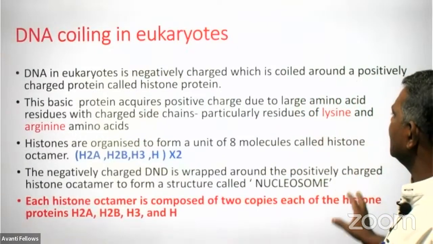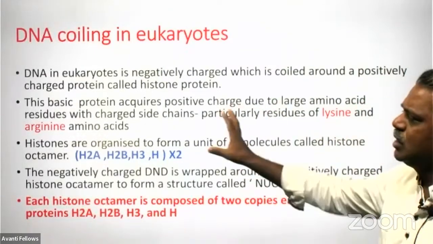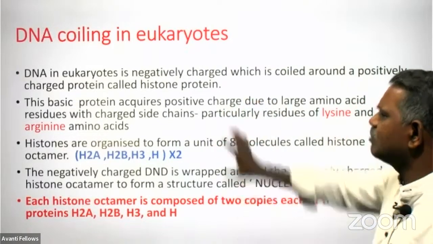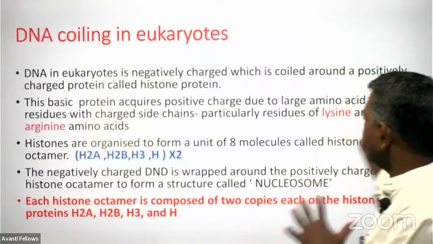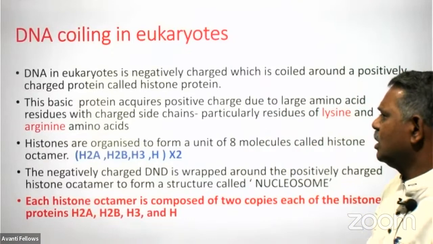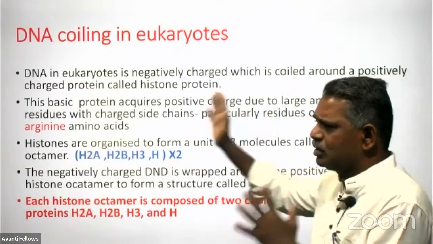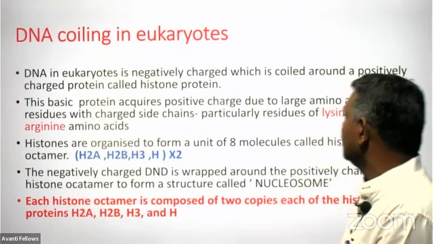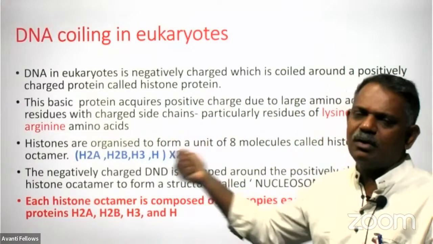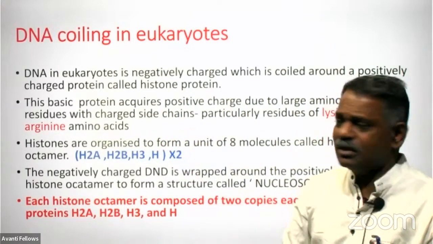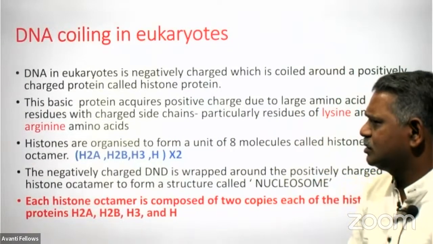These two amino acids only give the positive charge to these proteins. One is lysine and another one is arginine. This question was only asked in the first term examination. Go through the questions and find out the answers.